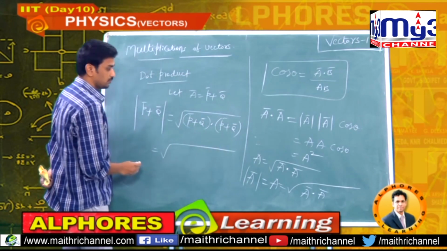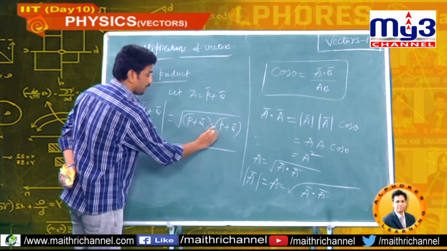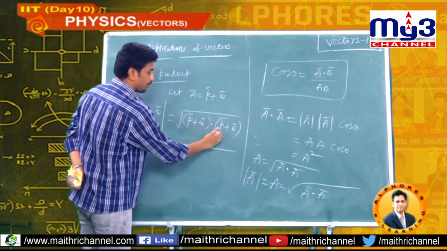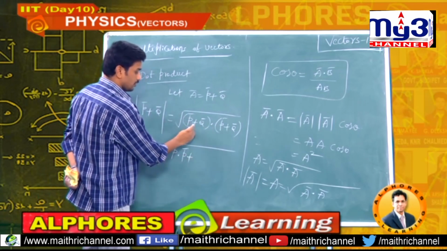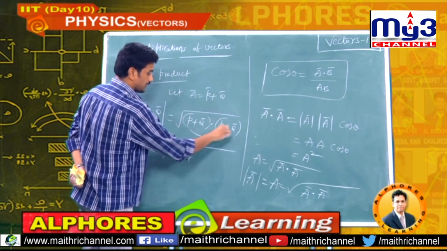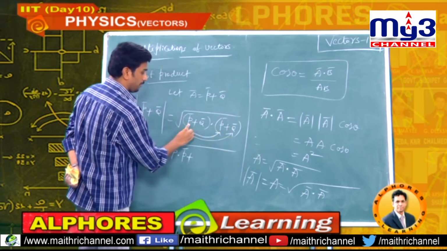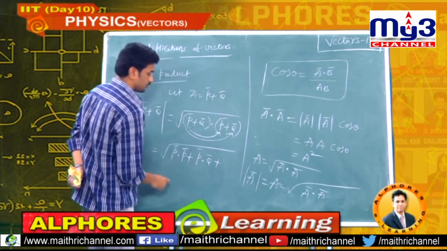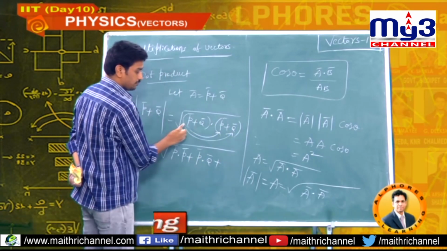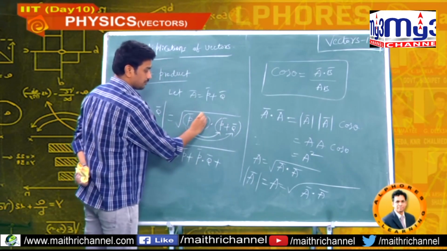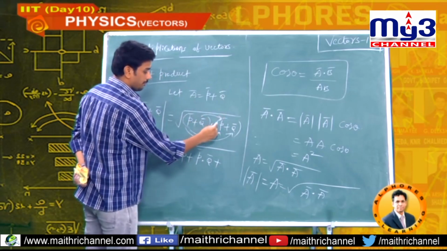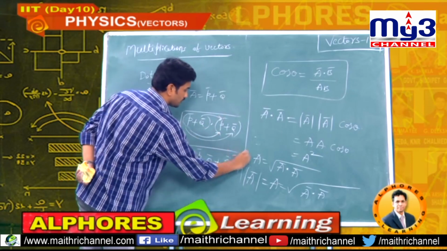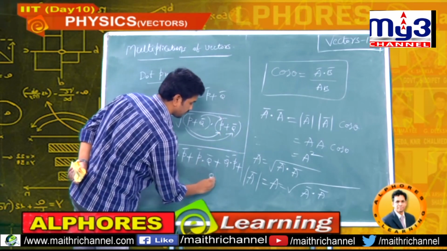Now, under root, see here, P bar dot P bar plus P bar dot Q bar plus Q bar dot P bar plus Q bar dot Q bar.